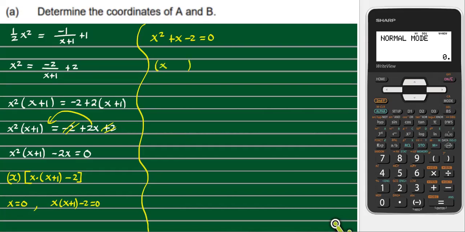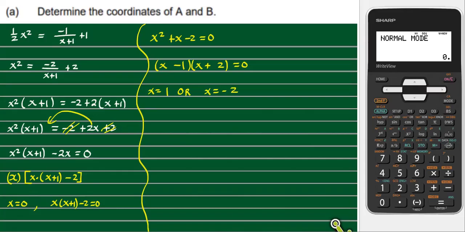I've got x into x, the factors are 2 and 1, minus here, it's a plus, close parenthesis equals to 0. Then I have x equals to 1, or the other one would be x equals to -2.